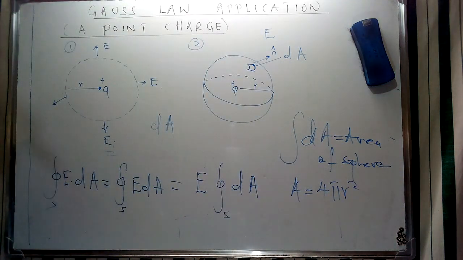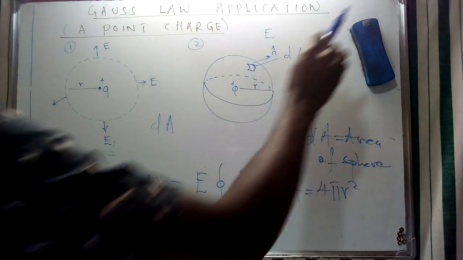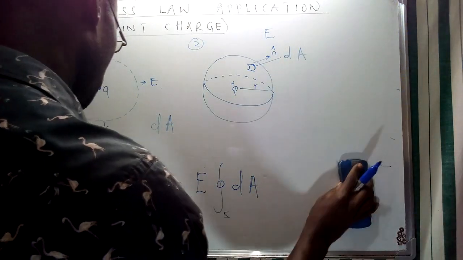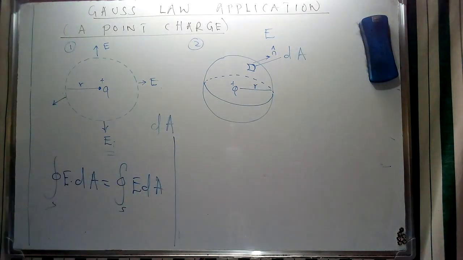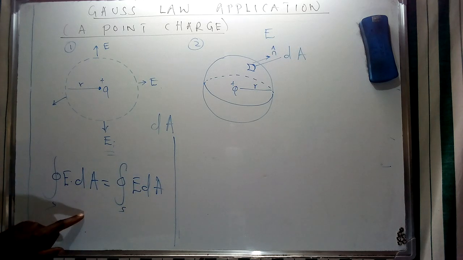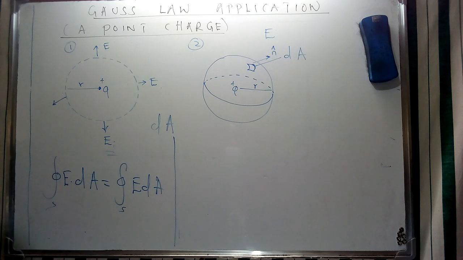Therefore, we can do a substitution for this specific area of a sphere by using this formula. So our conclusion is going to be a replacement, or equating this aspect of the formula with the area of a sphere.